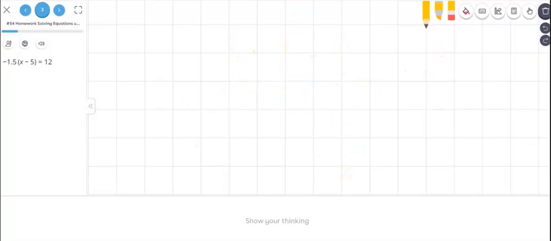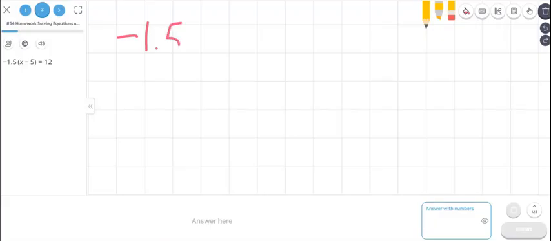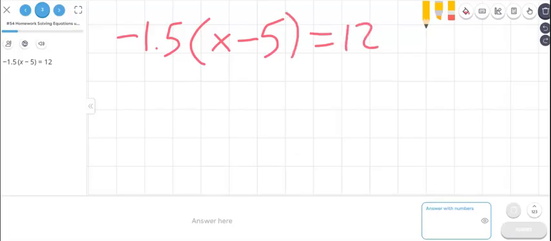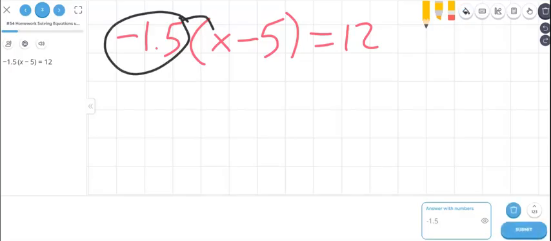All right, this one, probably going to use a calculator. But we'll write it out first. Negative 1.5 parenthesis x minus 5 parenthesis equals 12. So we're going to go ahead and distribute the negative 1.5 to the x. It's negative 1.5x.